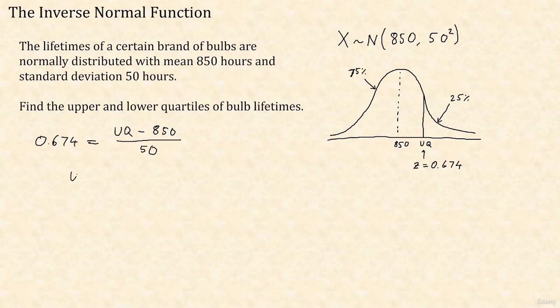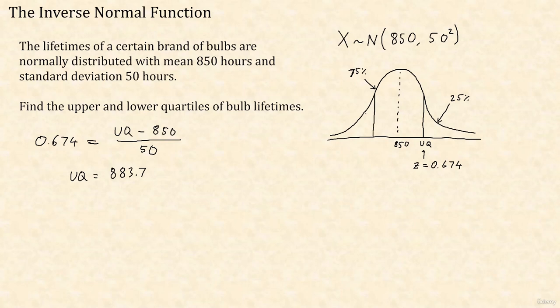So we can now work out what the upper quartile is by simply taking the Z value of 0.674, multiplying by 50 and adding 850. And we get 883.7.